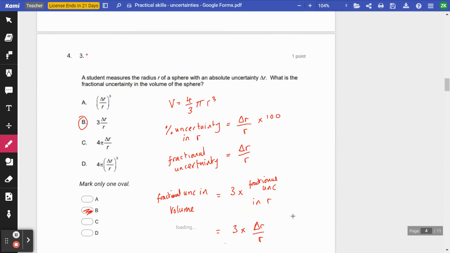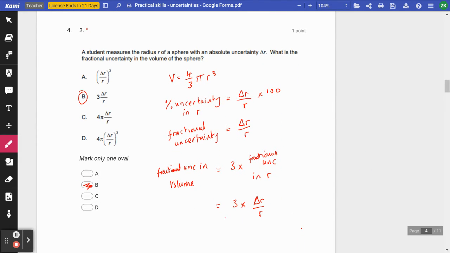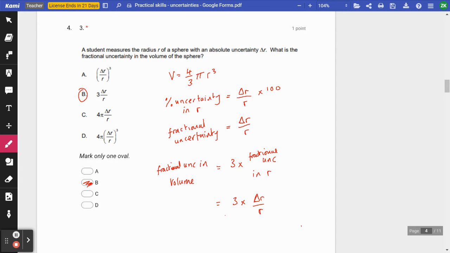Right, question 3. So this is a tricky question because they don't talk percent, but they talk fractions. Fractions and percent, the only thing that's different between a fraction and percent is the factor of 100 when we multiply it out. So it says that the student measures the radius r of a sphere with an absolute uncertainty delta r.